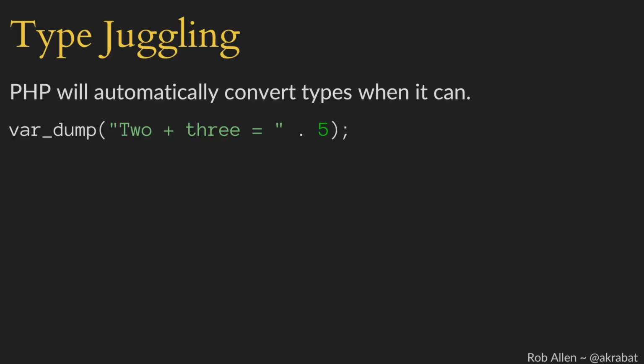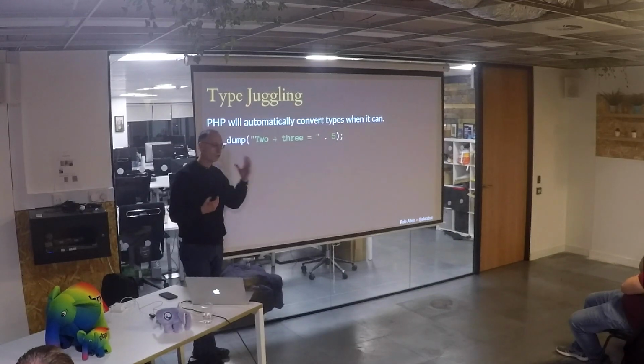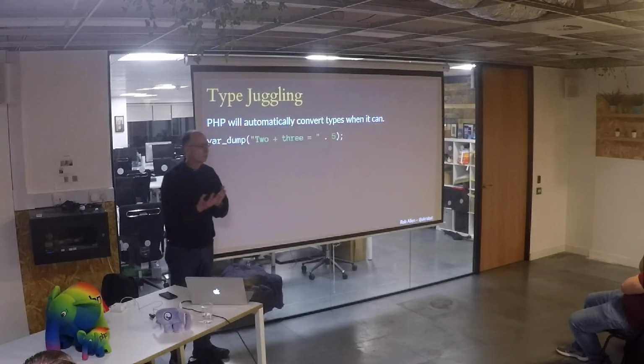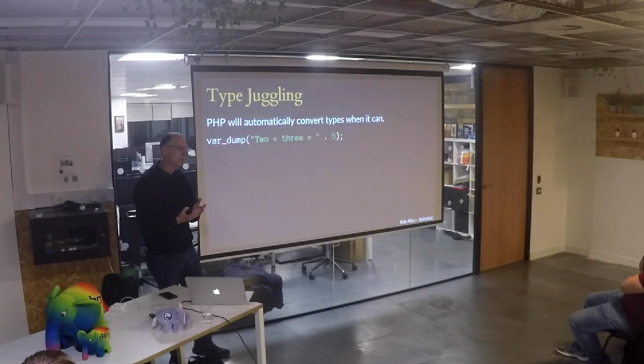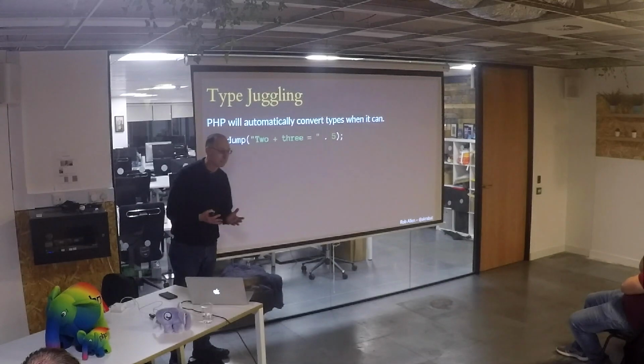So this is what I mean by type juggling. Given a particular type, and you've got two variables, two things that need to be together, PHP will juggle from one type to another in hopefully the right way.